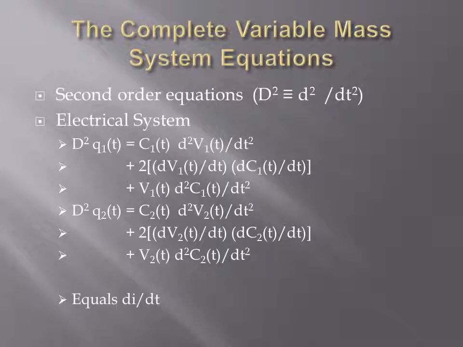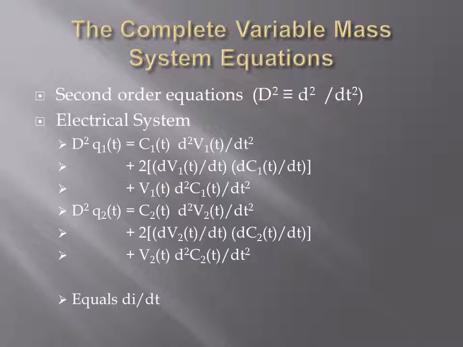And then we also have the same result in the electrical system. So the analogy and the one-to-one correspondence holds up. And we see that the second derivative of charge with respect to time equals capacitance times the second derivative of voltage with respect to time, plus 2 times the derivative of voltage with respect to time times the derivative of capacitance with respect to time, plus the voltage times the second derivative of capacitance with respect to time.